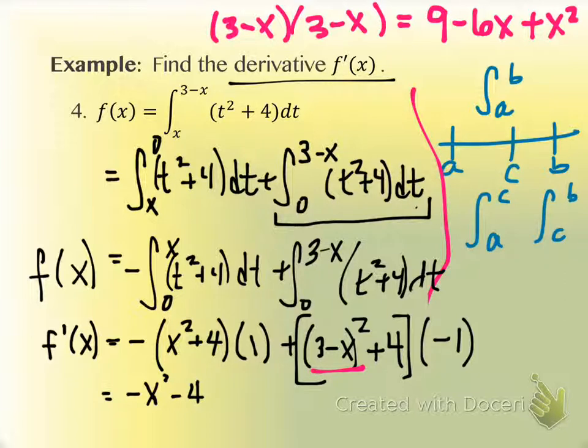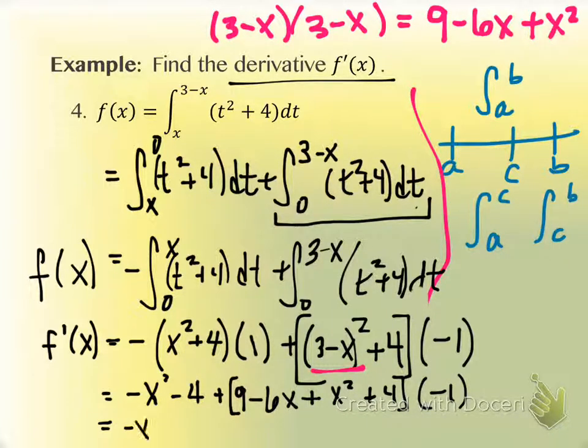So down here, I've got 9 minus 6x plus x squared plus 4, and then I'll multiply those by negative 1. All right, so 9 plus 4, 13 times negative 1, so this is negative 13. I've got negative 6 times negative 1, so positive 6x. It's positive, right?